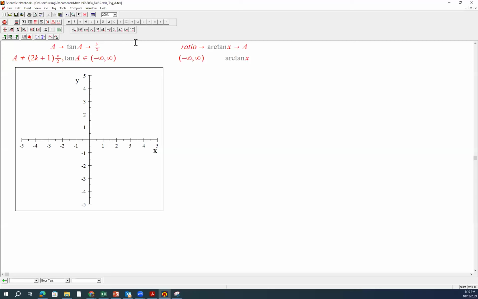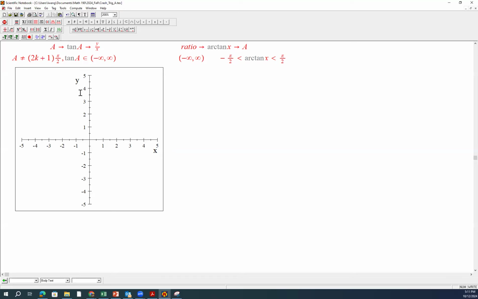Arctangent's range is negative pi over 2 to pi over 2, exclusive, does not include negative pi over 2 nor pi over 2, as it was for arcsine.